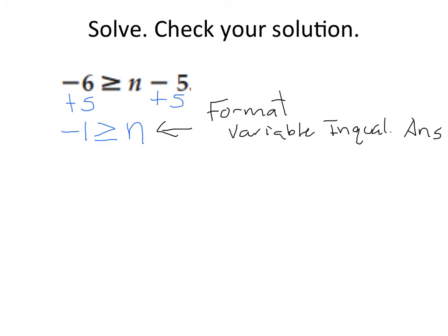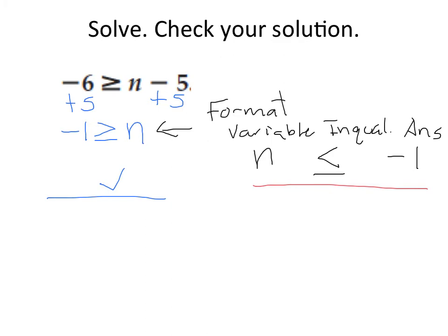So I'm going to flip my answer. I'll put the variable first, and my answer is negative 1. Since I flipped the n and the negative 1, I also have to flip my inequality. That is the answer in the correct format.